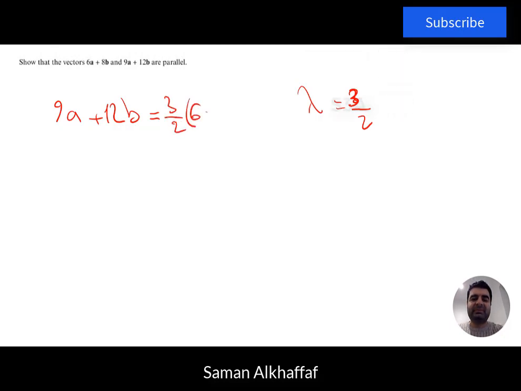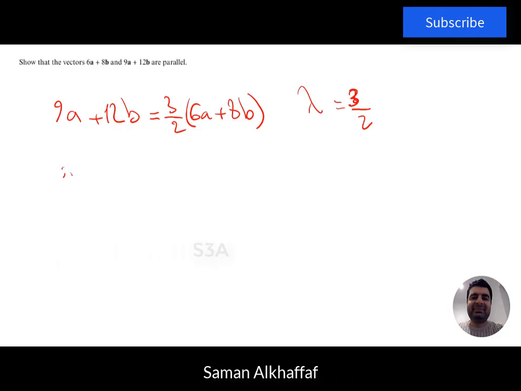So if we multiply 6A plus 8B by this value, it will give us 9A plus 12B. So that's proved.